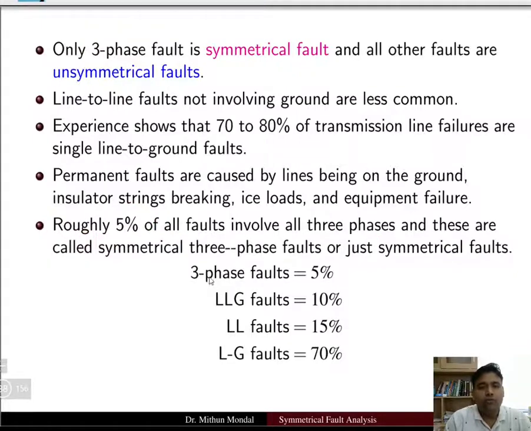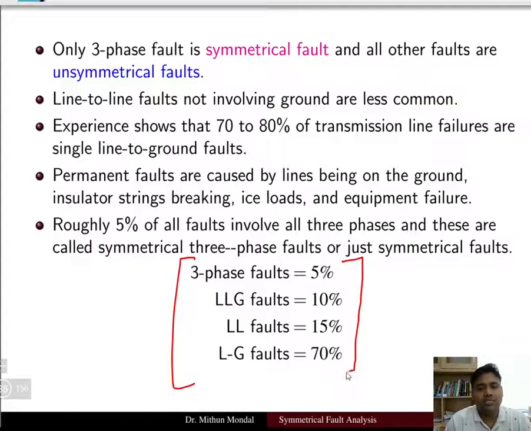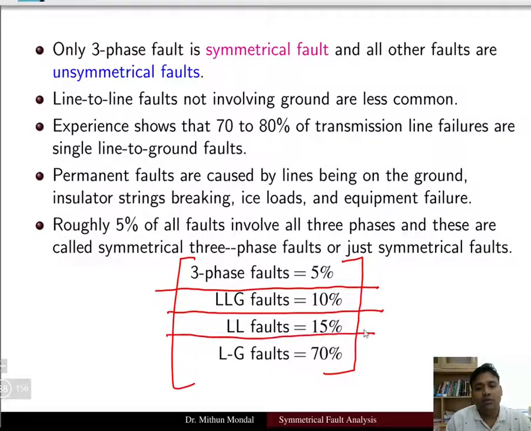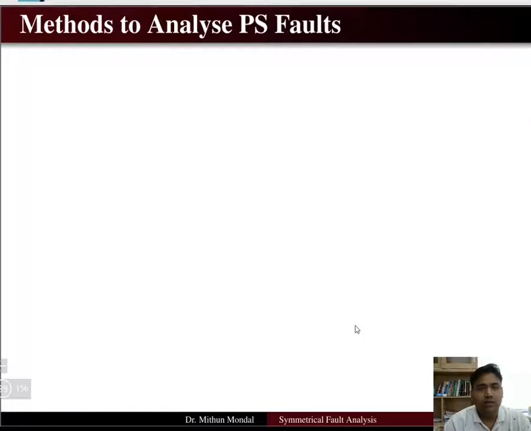If we group the faults in terms of percentage to understand how much each type of fault can occur, three-phase fault will be around 5%, double line to ground fault will be 10%, line to line fault is 15%, and the maximum fault condition is line to ground fault, which is around 70 to 80%. So these are basically the classification of the faults and the criteria of their occurrence.